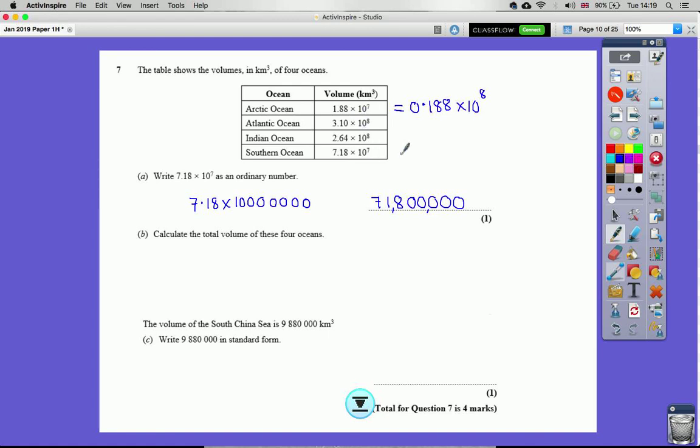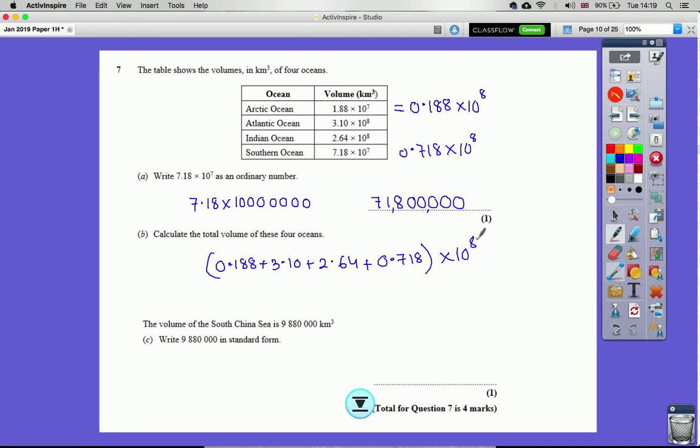I leave these two as they are, and the last one will be 0.718 times 10 to the power of 8. Now, if I want to find out the total volume of these four oceans, I'm going to do 0.188 plus 3.10 plus 2.64 plus 0.718 multiplied by 10 to the power of 8.